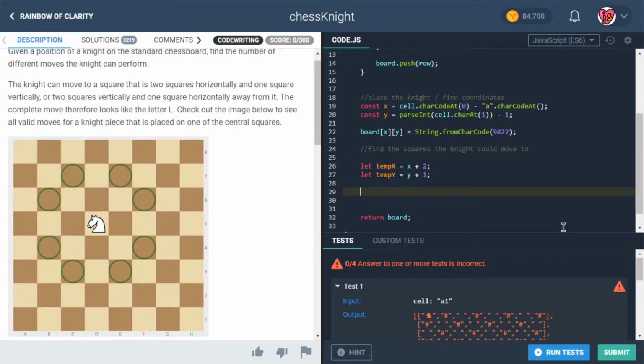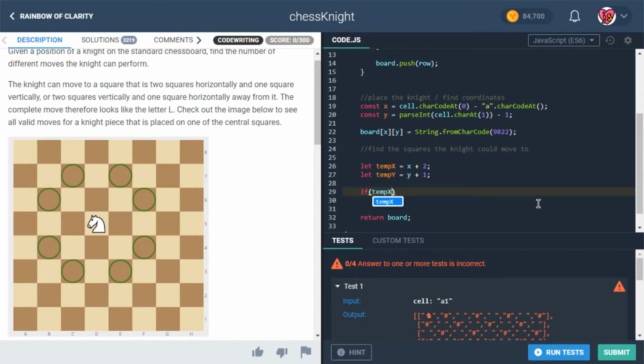So all we need to do for that is to just say, well, there are a few ways we could do that. We could do something like if 0 is less than or equal to temporary x, and temporary x is less than or equal to 8, and so on, right? Like we need to check temporary y as well. But because we actually created the board, because we actually have a matrix here, we don't have to do it that way.